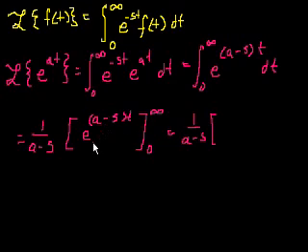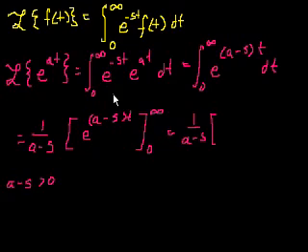So what is the limit at infinity? Well, we have two cases here, right? If this a minus s is a positive number, if a minus s is greater than 0, what's going to happen? Well, as we approach infinity, e to the infinity just gets bigger and bigger and bigger, right? Because it's e to an infinitely positive exponent. So we don't get an answer.